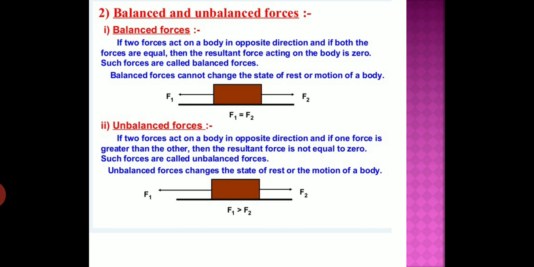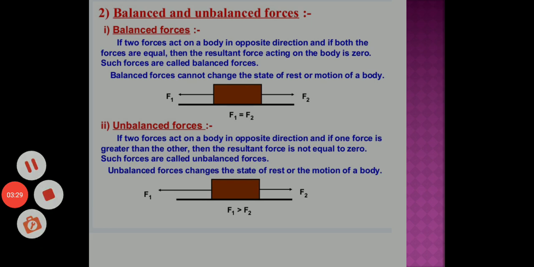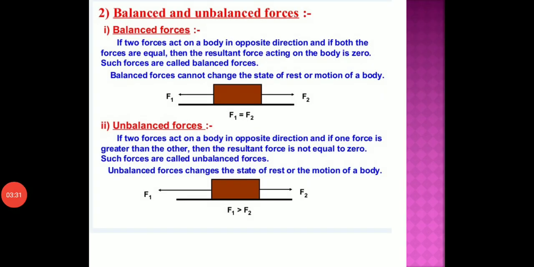So the resultant force acting on the body is 0, and such forces are called balanced forces. Students, balanced forces cannot change the state of rest or motion of a body. I hope you understand, when the forces are equal, there is no change in the motion of the body.